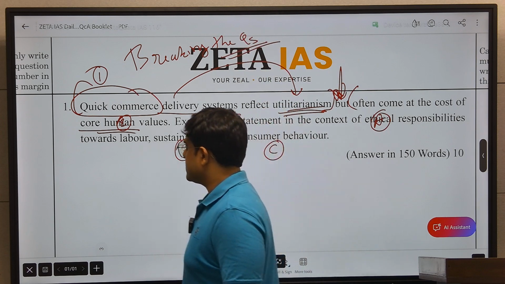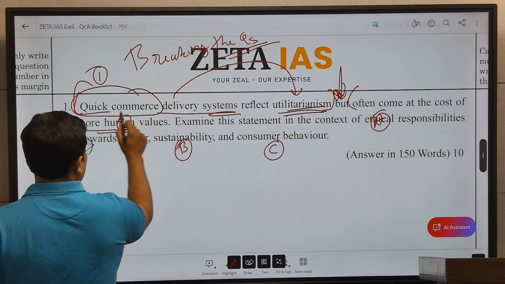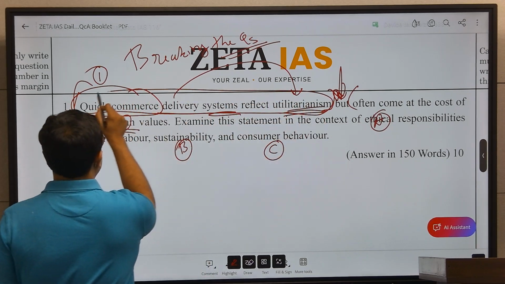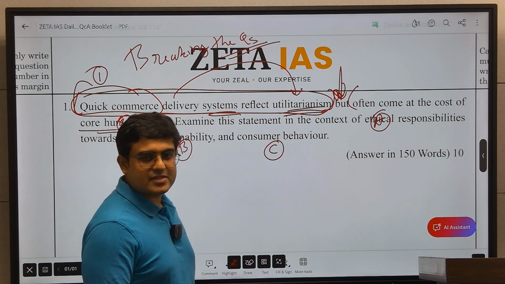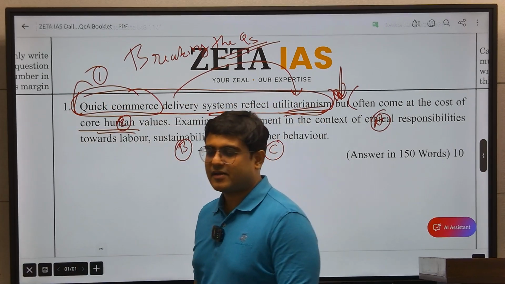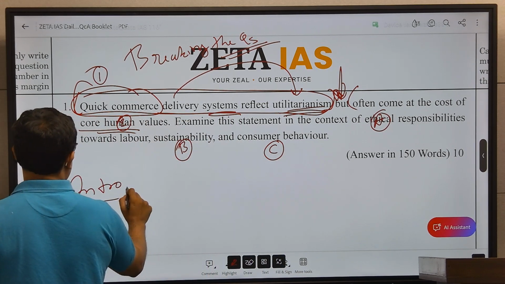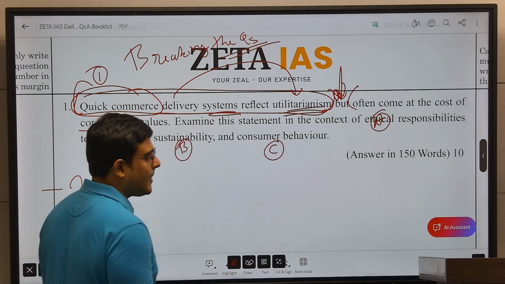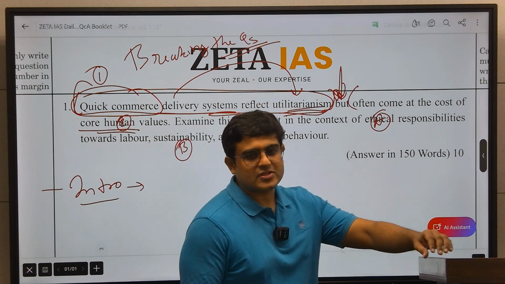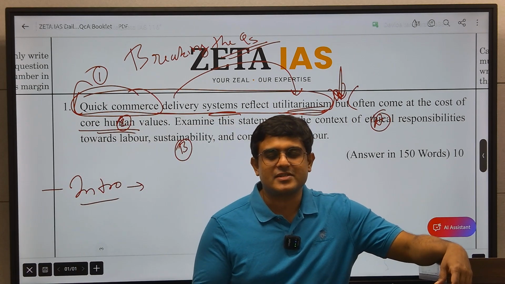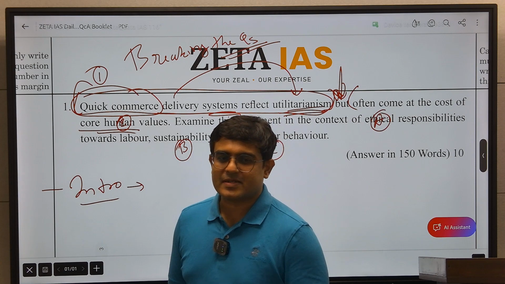Okay. So first is quick commerce reflects utilitarianism. So write in the introduction how quick commerce reflects utilitarianism. What is utilitarian philosophy? Maximizing pleasure, greatest good for greatest number of people.